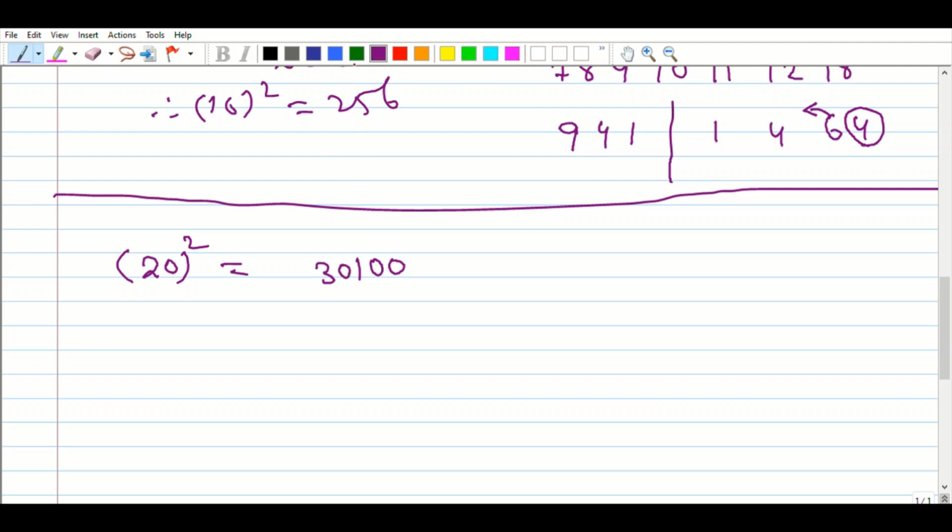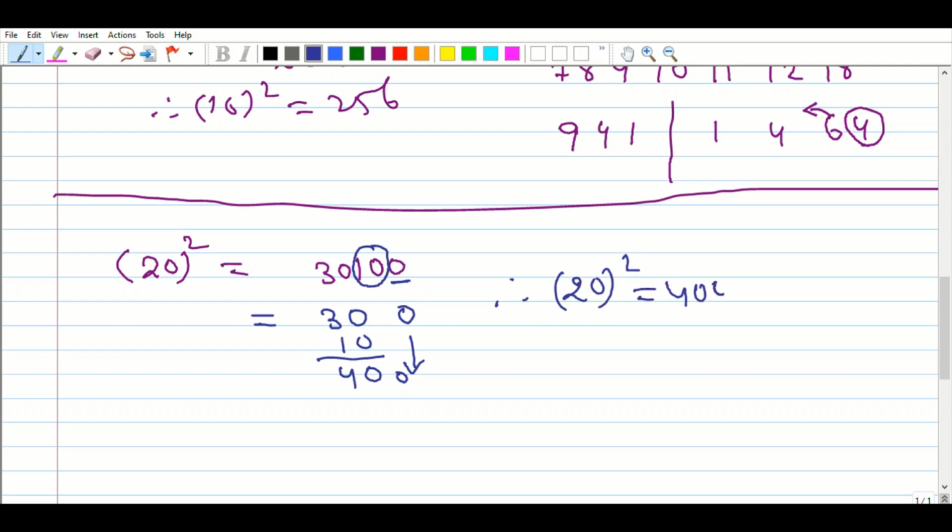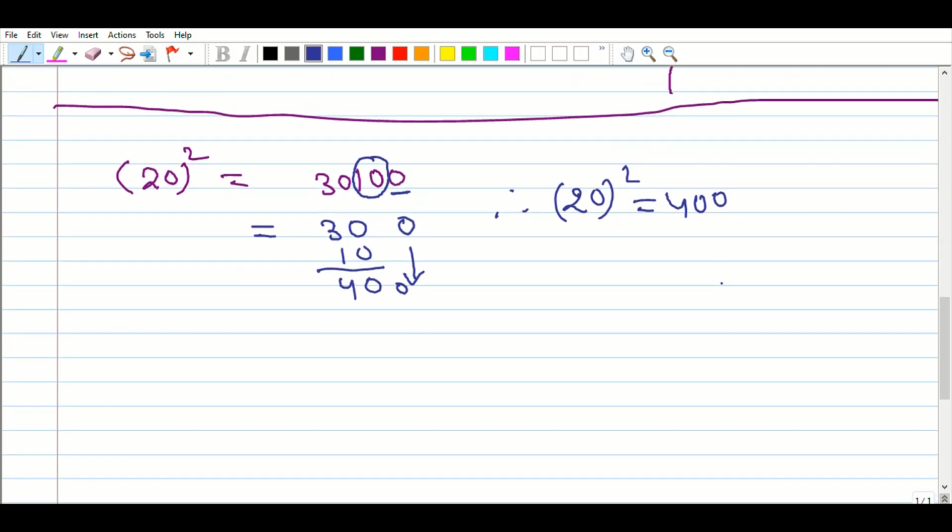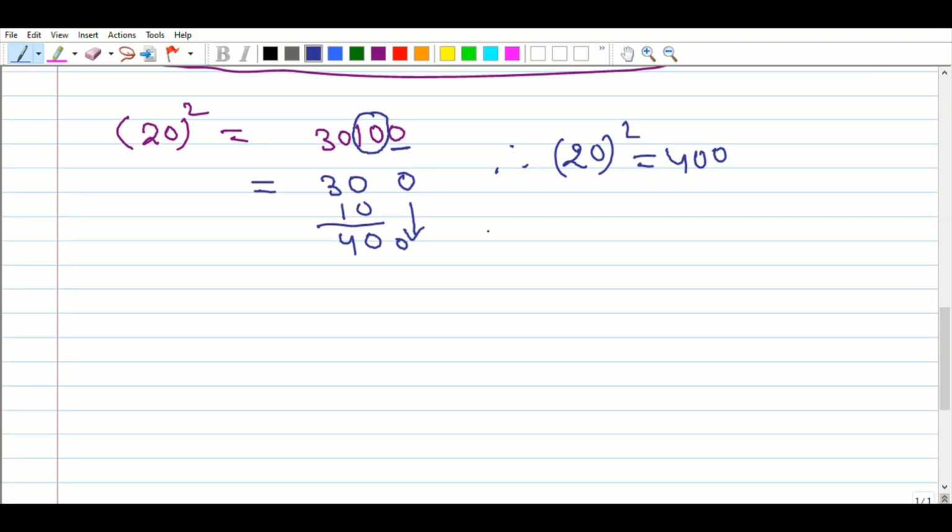Our condition here is that we keep only one digit, so we write 3 and 0 for the 30, and always add the 10 to the 30. Here is 0, 30 plus 10 is 40, and it comes 0. Therefore 20 square equals 400. Is it clear? I am showing the steps, but you can do it mentally, in your mind.